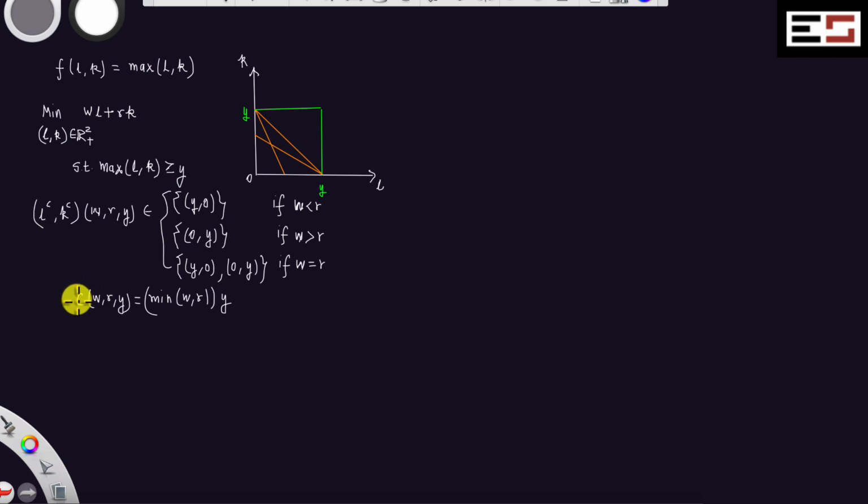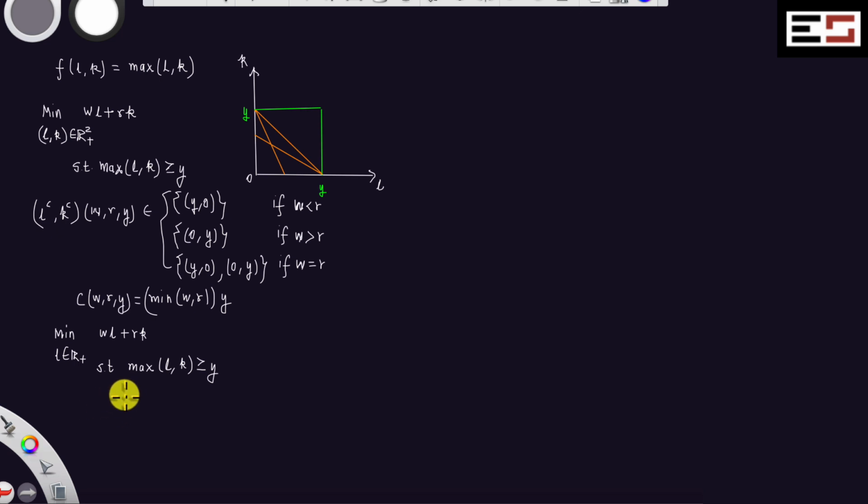So this is what we have already seen, and we have also seen how to solve the short run cost minimization problem, which is to minimize with respect to L, WL plus RK, subject to max{L,K} greater than or equal to y.